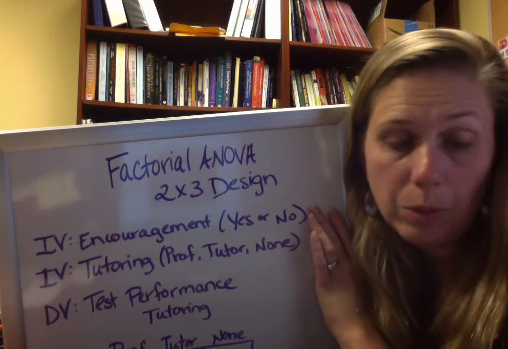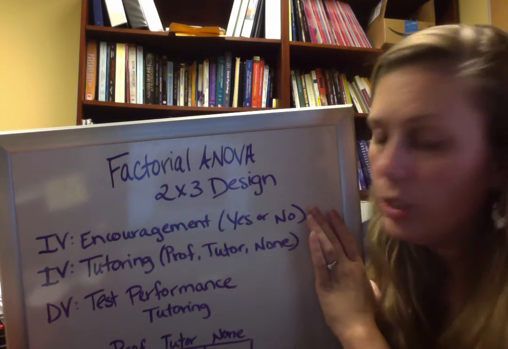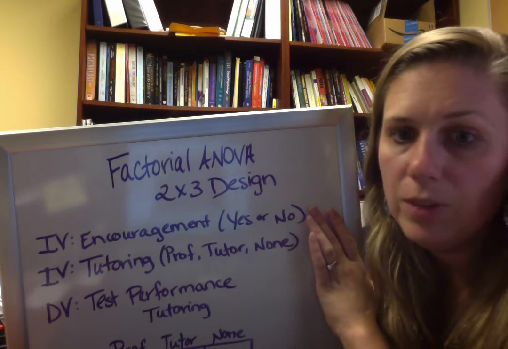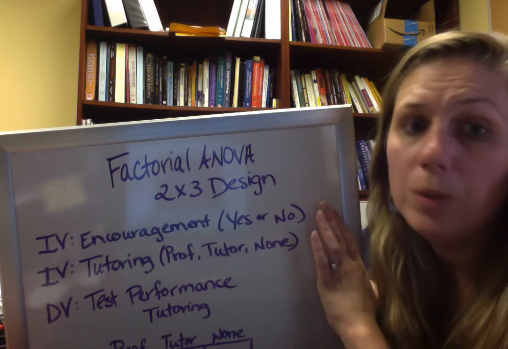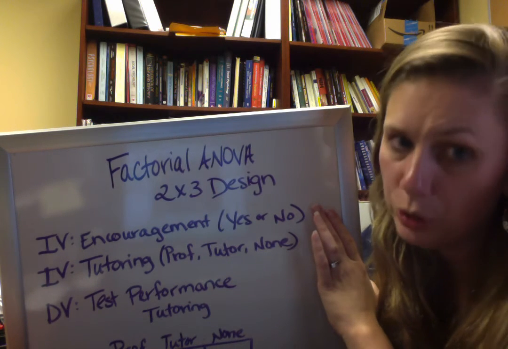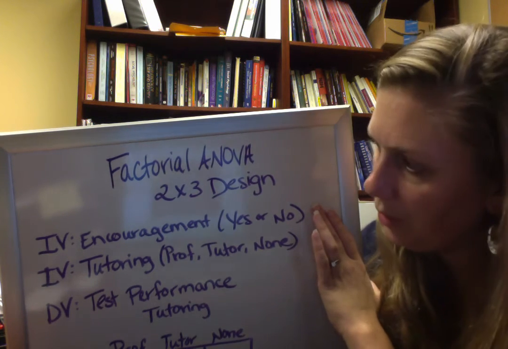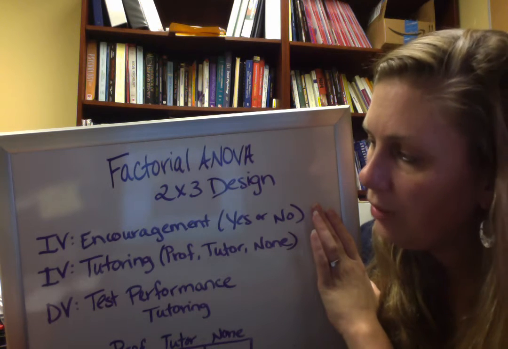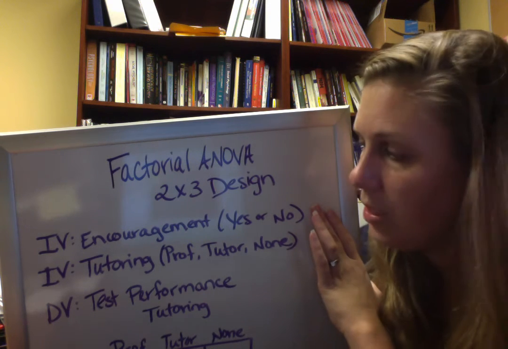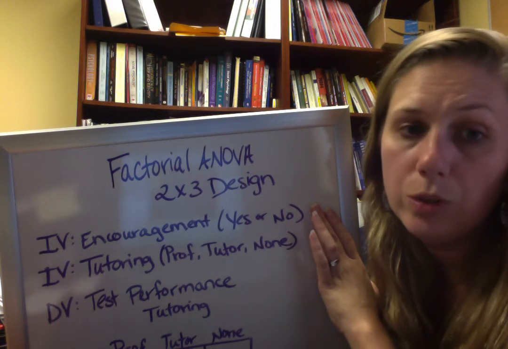They're basically going to be representing grades. I have 2 independent variables, again, because it's a 2x3 design. The first independent variable is encouragement, and the second independent variable is called tutoring.